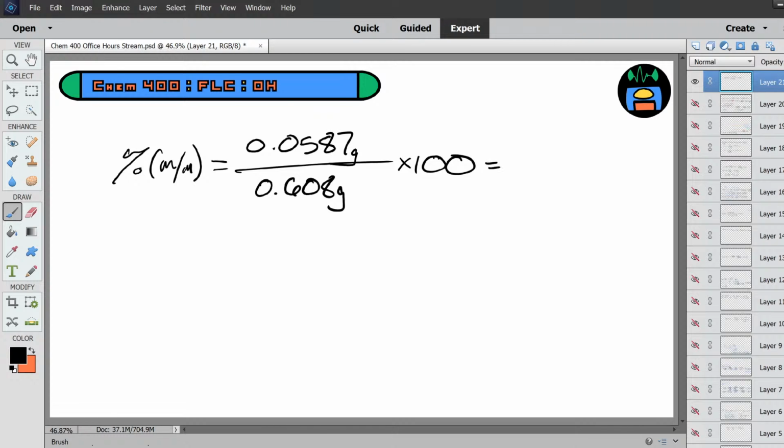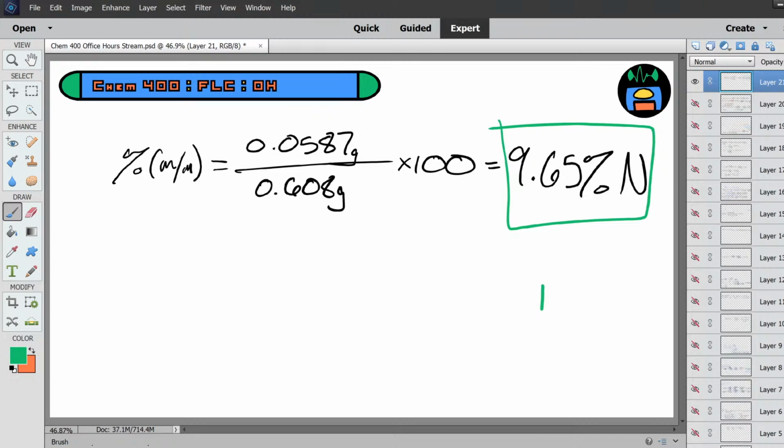Keeping it to 3 sig figs, this comes out to be 9.65%. Again, this problem is obnoxiously long.